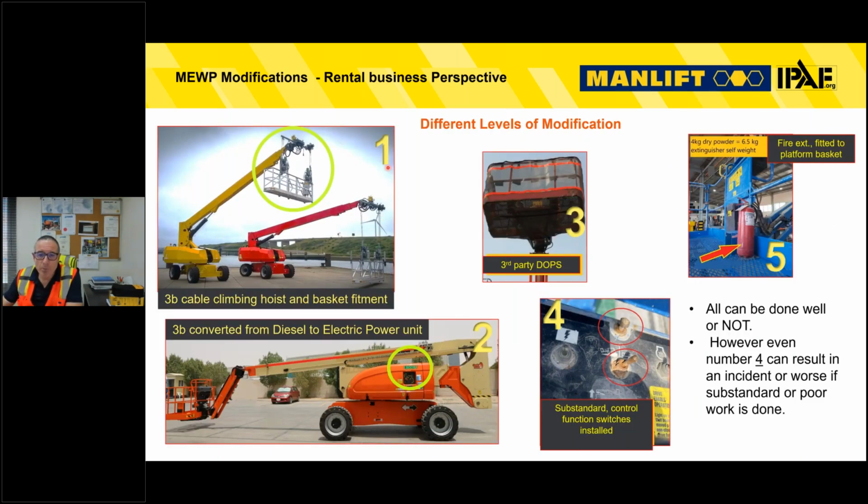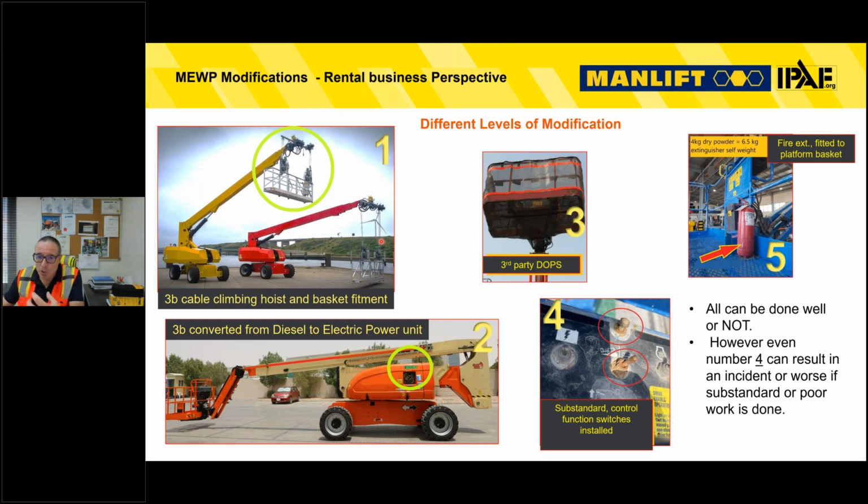So picture number 1 on the left-hand side here, you can see quite elaborate modification to 2 boom lifts. These are called 3B mobile booms, telescopic booms, and you can see the baskets have been replaced by gondolas, you might call them, or light swinging stages with cable climbing hoists to go up and down the side of a structure. There's 2 examples here. These are very elaborate.